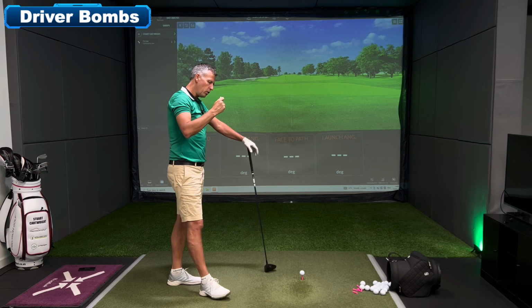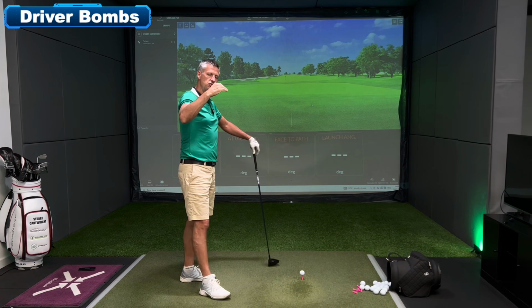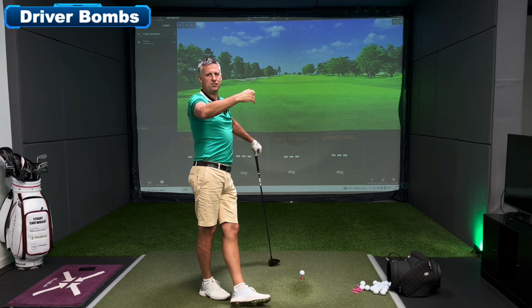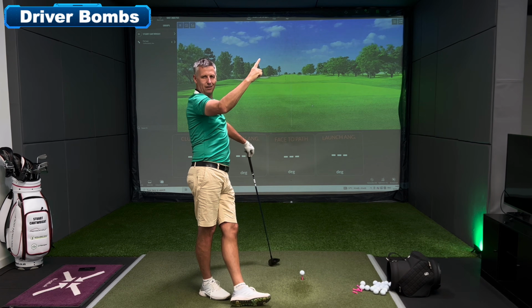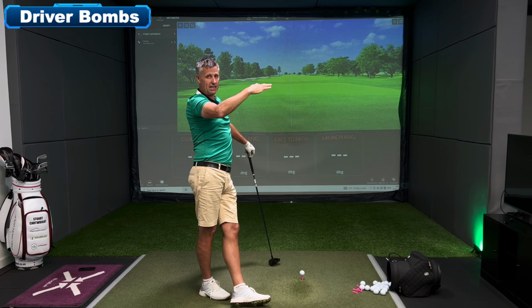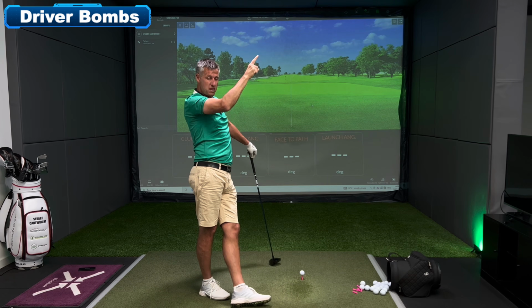And that's why when you start to branch out, for those lucky few of you out there that can swing it 110 miles an hour or more, you are able to be biasing launch angle and a reduction in spin rate. So that when you're launching it higher, because the ball has got this launch angle that gets it fired up into the sky, if you've got less spin, it doesn't need spin to keep it in the air because it's got so much club head speed and ball speed that it launches up.